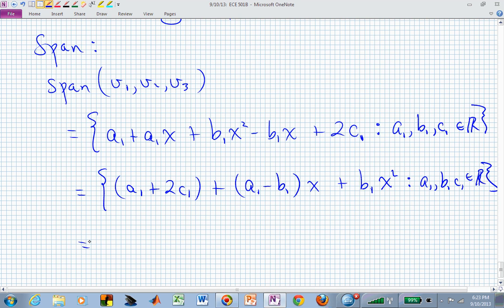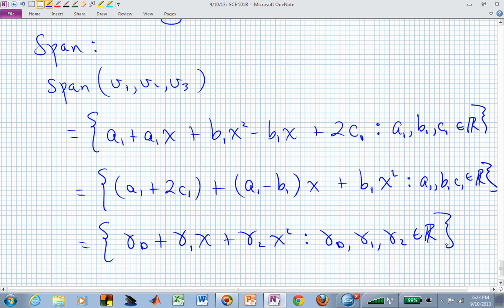So this now is equivalent to a gamma 0, gamma 1x plus a gamma sub 2x squared, such that gamma 0, gamma 1, and gamma sub 2 belong to the real line.